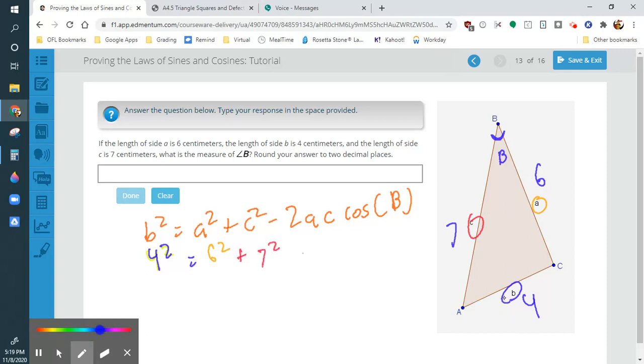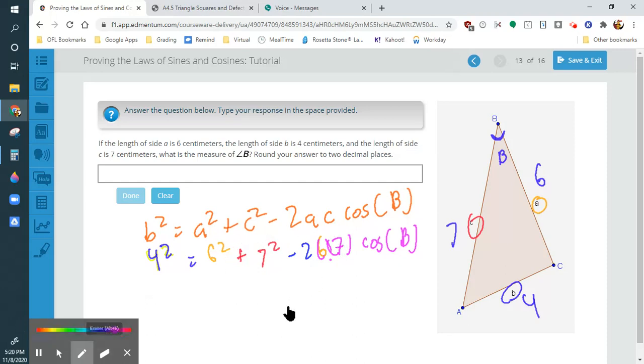I'm going to do minus 2 times my a again, 6, and then my 7. And these have to have parentheses because it's all multiplication. Cosine of b.